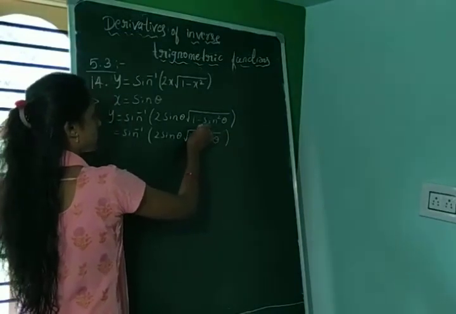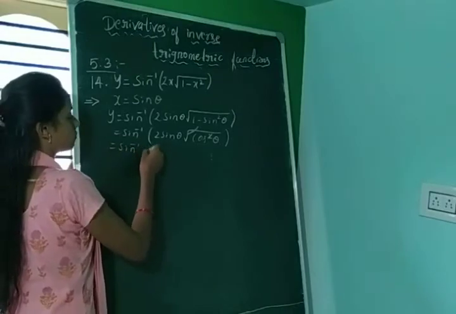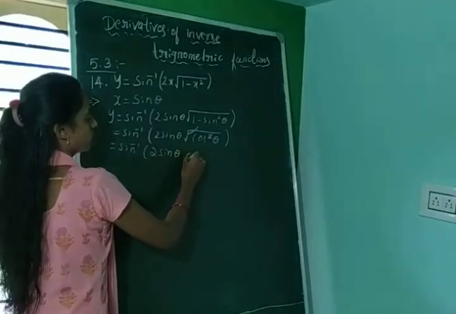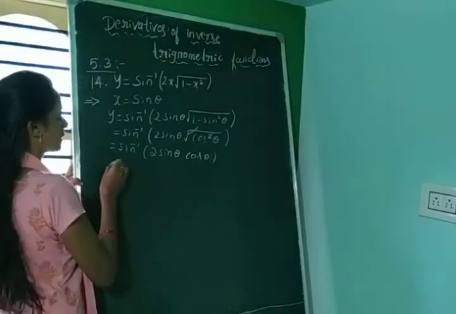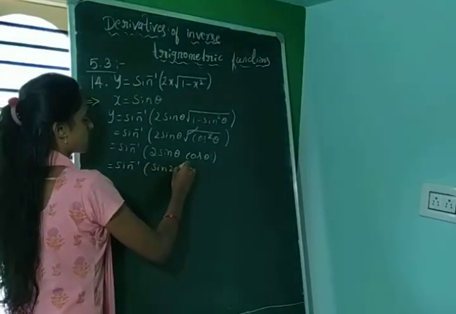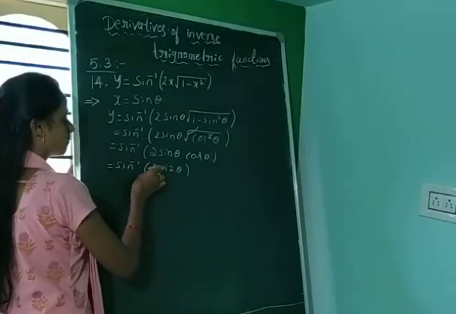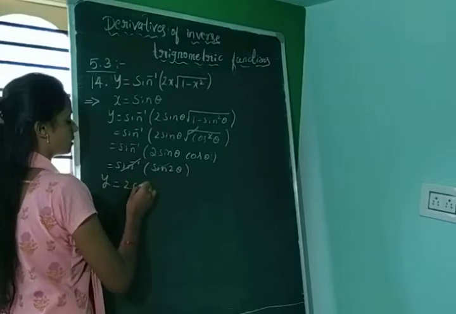So here square and root get cancelled. Remaining is sine inverse of 2 sine theta into cos theta. This is the formula for sin 2 theta, and inverse and the function get cancelled. Remaining is 2 theta.